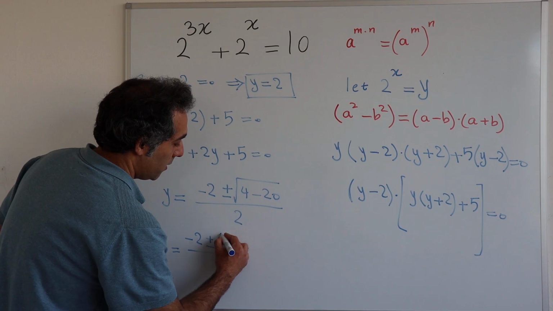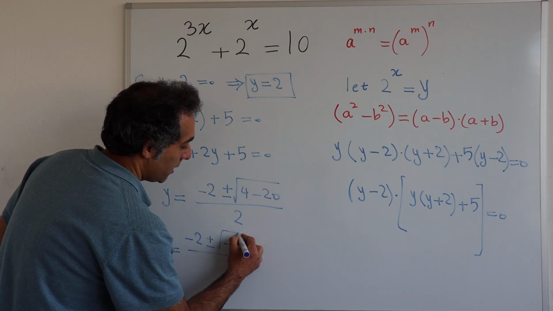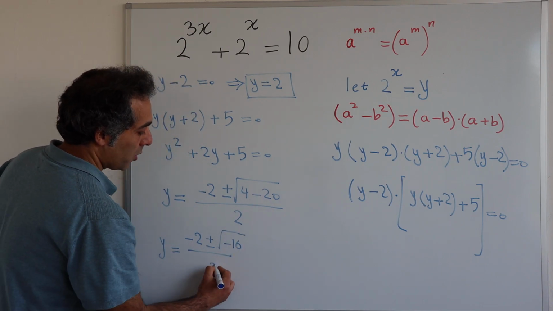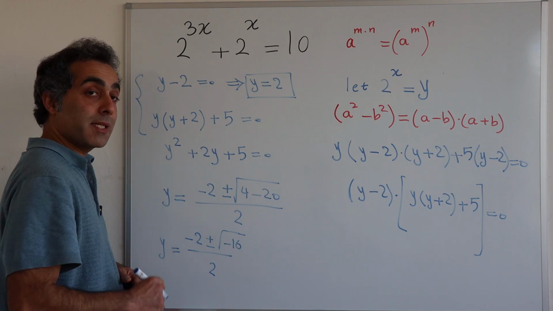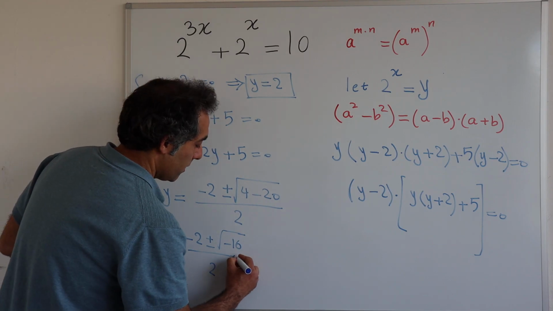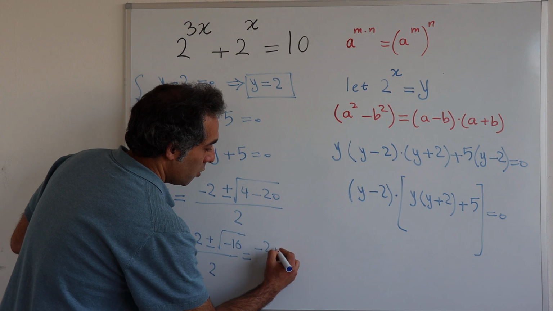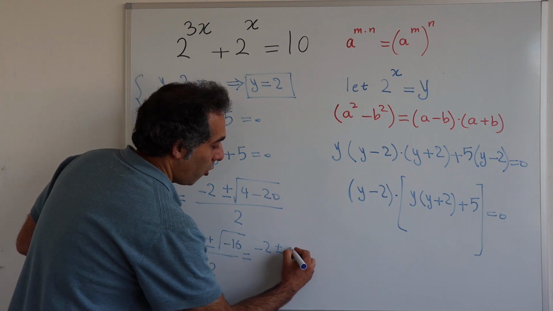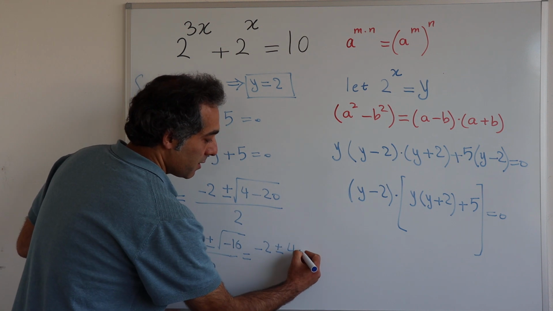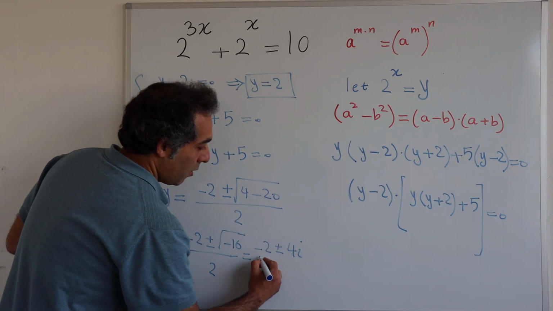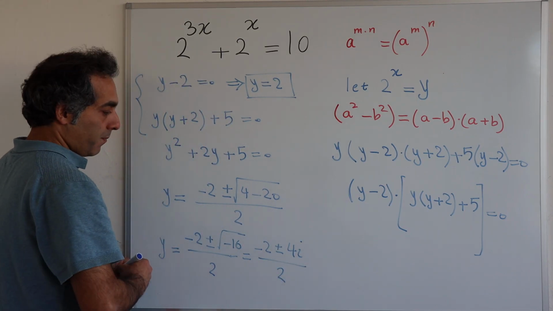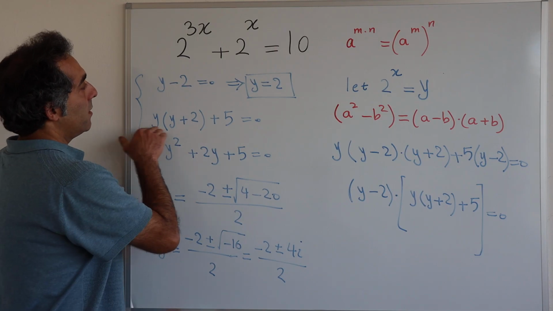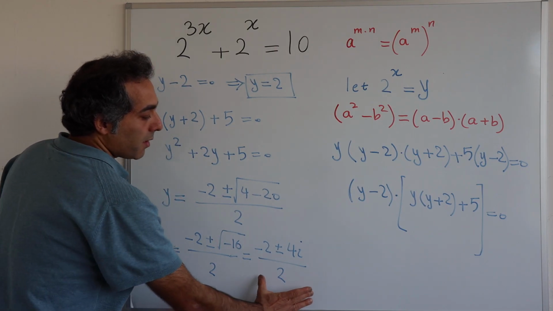So minus 2 plus minus the square root of minus 16, over 2. The square root of 16 is 4, and the square root of minus 1 is the imaginary number i, over 2. Okay. The second pair, the result is here.